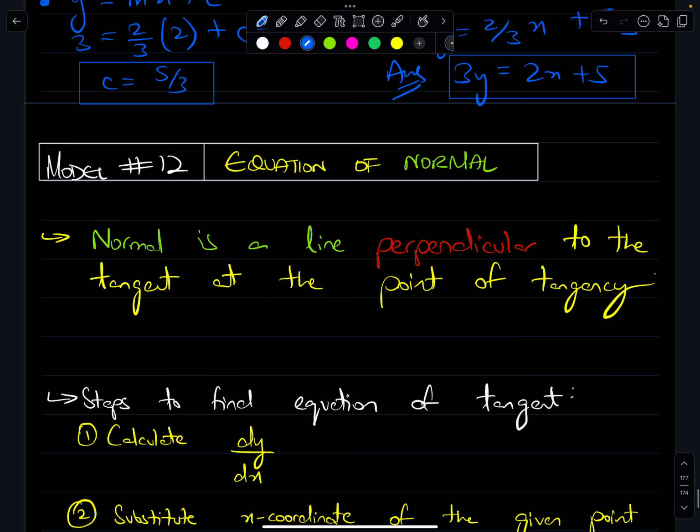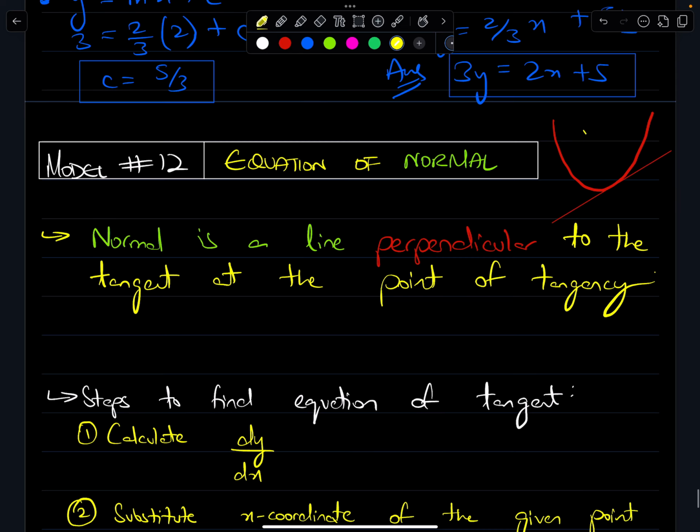before we learn to find the equation of a normal, learn that a normal is a line that is perpendicular to the tangent. This is a tangent at the point of tangency. That is, this yellow line is the normal.